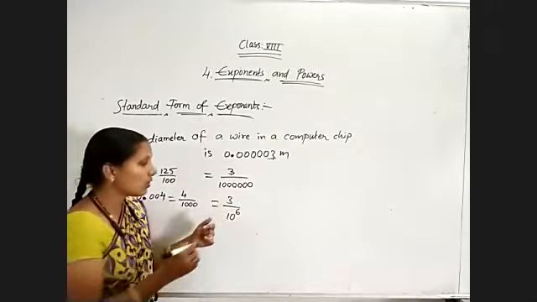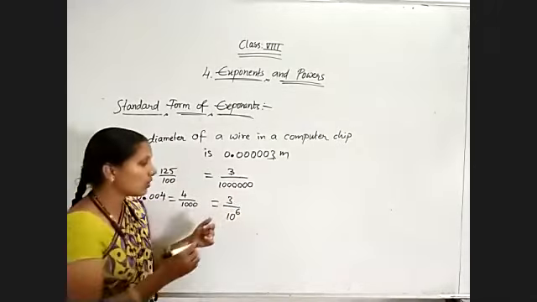Now, the standard form, what I told you, is a product of a decimal number and an integral power of 10, an exponent of 10. See, for 10 to the power of minus 6 we have the base 10, and the base we shouldn't change.